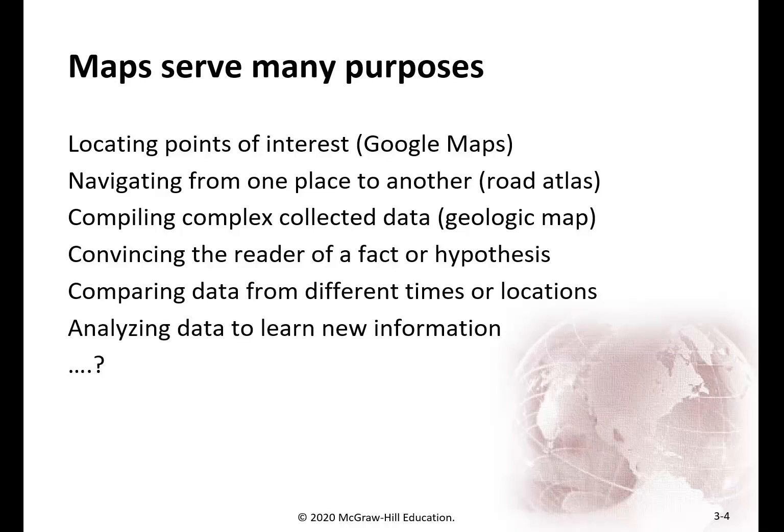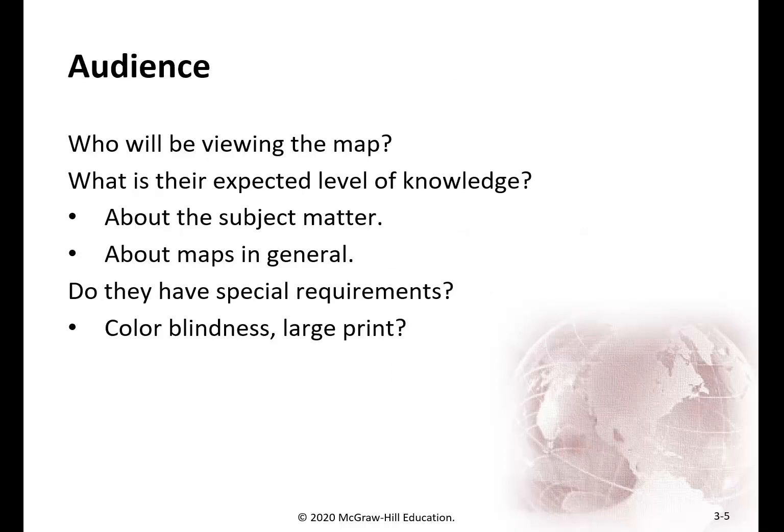So coming back to our audience, it's crucial for us to understand who's going to be viewing our map, what type of knowledge they have, or what we expect them to have, about the subject matter, maps in general, and are there any special requirements, including colorblindness and large print.